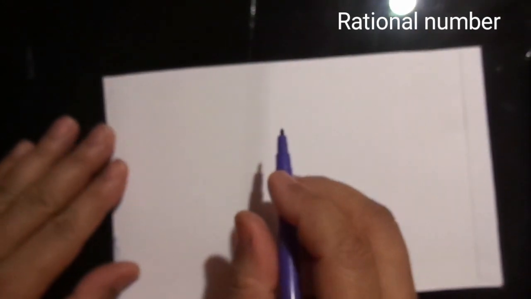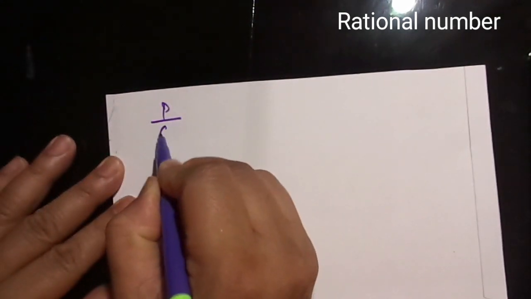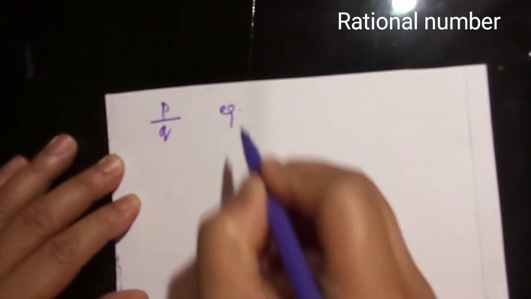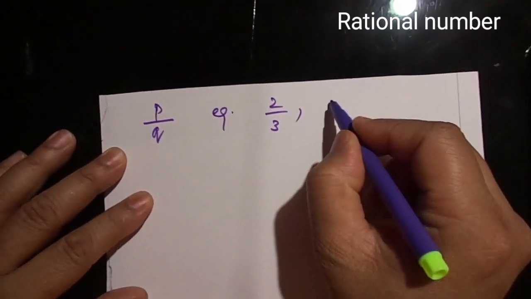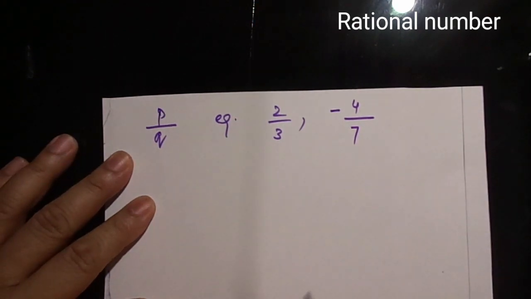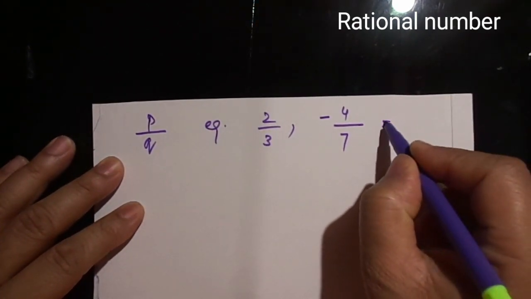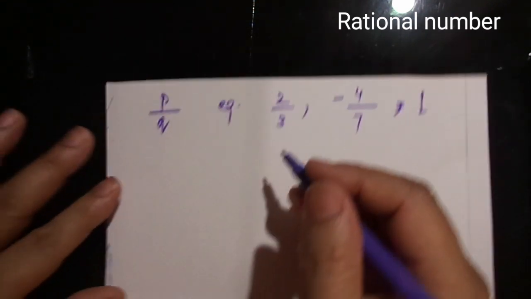So, what are the types of rational numbers? When we are talking about a rational number, you will find that all those numbers are in the form of p by q, for example 2 by 3, or minus 4 by 7. 1 is also a rational number. Why is 1 a rational number?